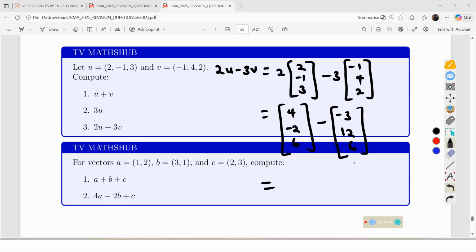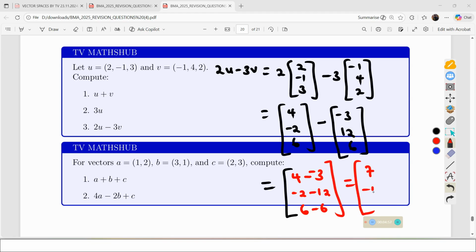So we shall have 4 minus (-3), -2 minus 12, 6 minus 6. So this should give us 7, -14, and 0. So basically we shall have our answer for 2u minus 3v as (7, -14, 0). This will be the required answer for part 3.